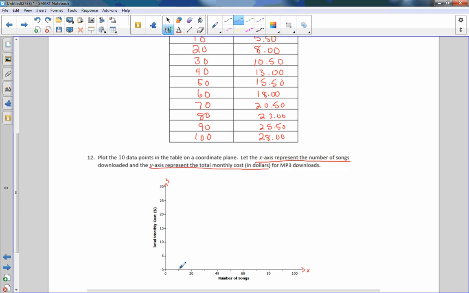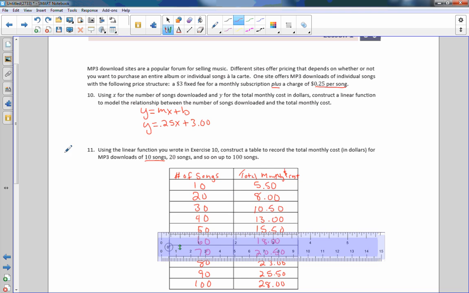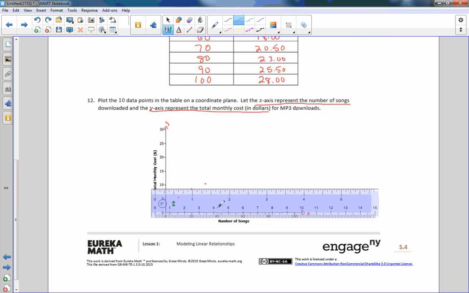So 10 is here, here's 5, so a little bit higher than 5 is $5.50. 20, $8 is maybe right about here. 30, $10 and just a little bit more, maybe right here. Okay, and I'm going to draw the line now to show you what's going to happen there. I'll just use my ruler to guide me because it's difficult without a grid.